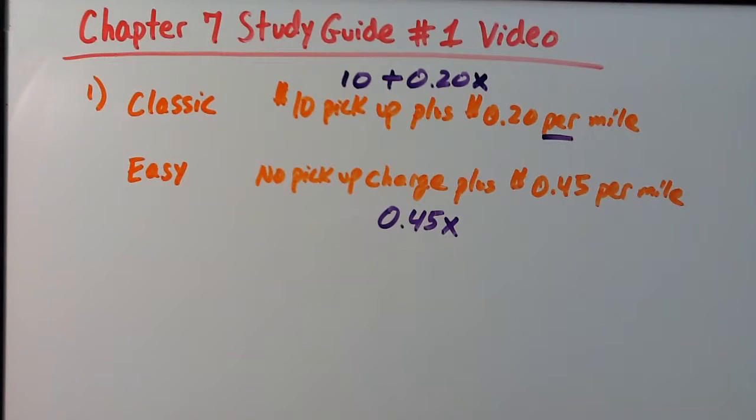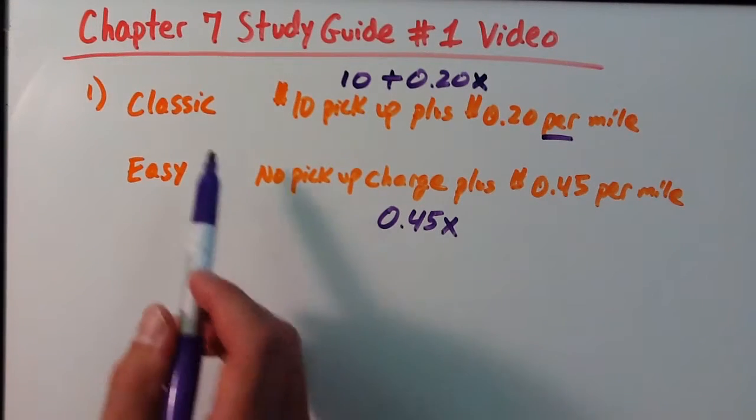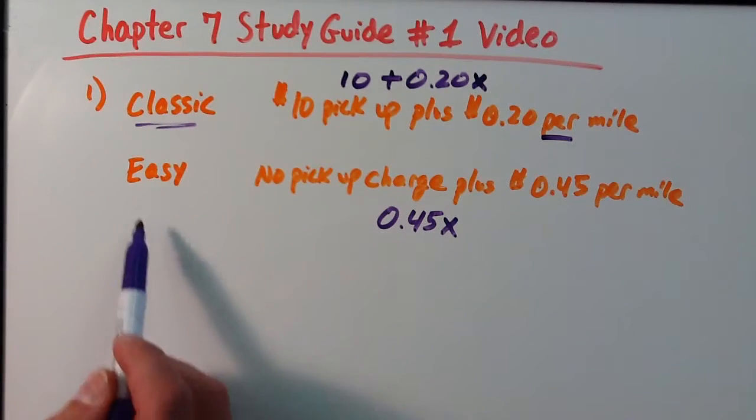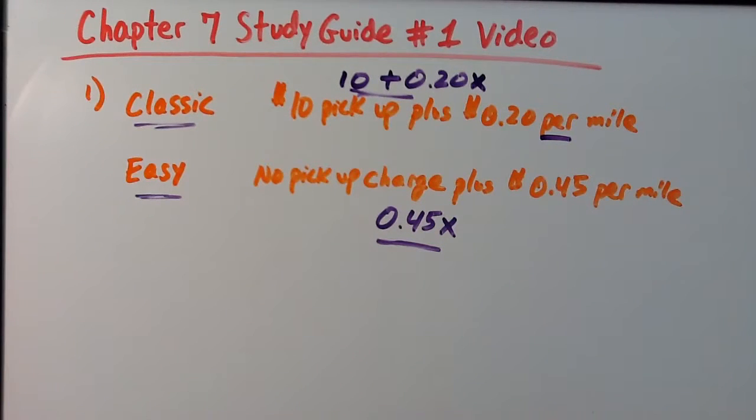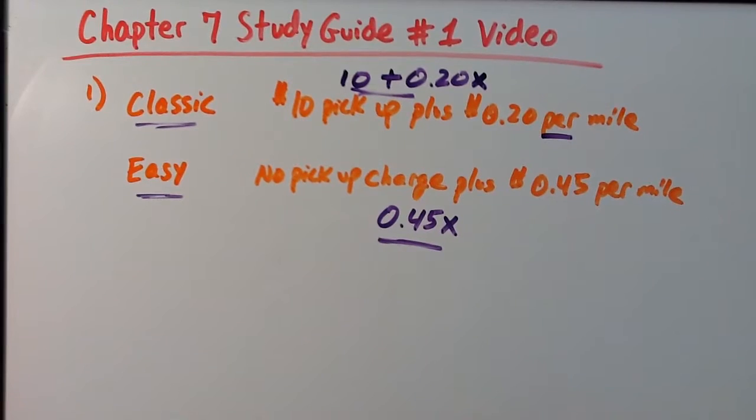And remember, we're asked to find an equation which we could solve to determine the number of miles in which the cost of both shuttles is the same. And so we want to know, when will the classic shuttle be equal to or the same as the easy transfer? And so what we could do is set this expression equal to this expression so that we would know at what mileage the two would be the same.